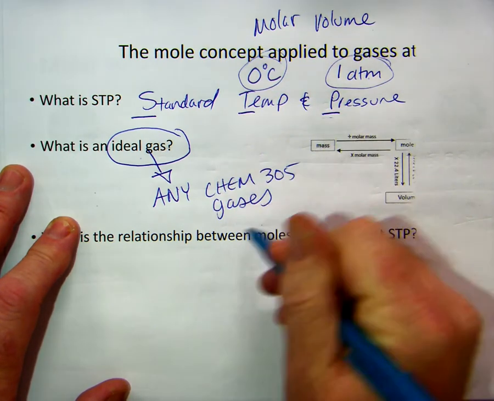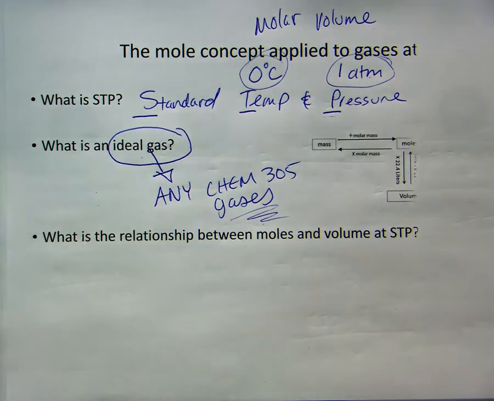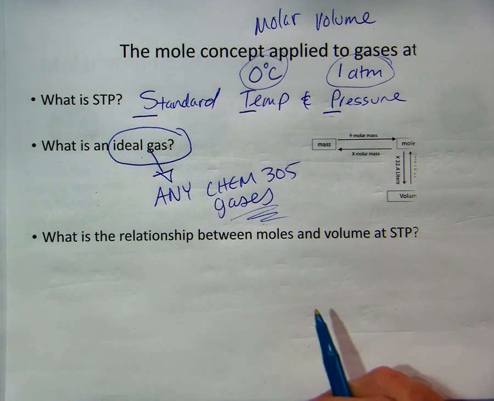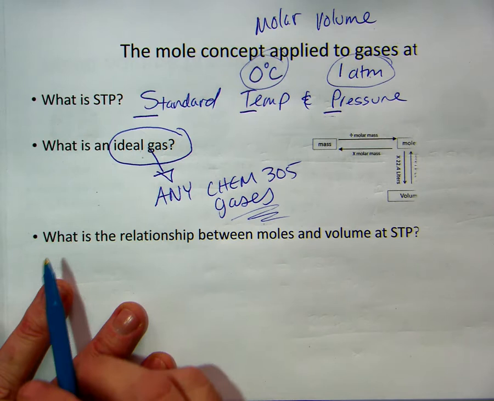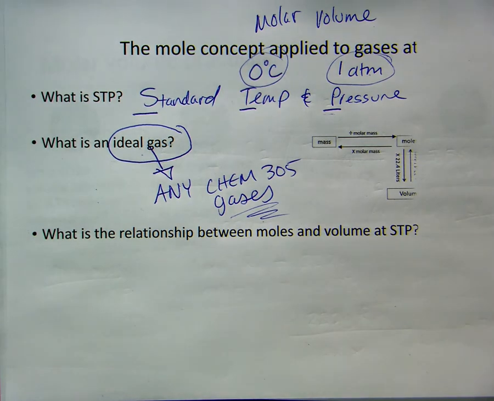Now, you'll get into other classes and you'll see how gases can take on a whole math class unto themselves. But in Chem 305, in an introductory chemistry class, we're just going to assume that all gases behave in an ideal fashion, a very predictable, consistent way.